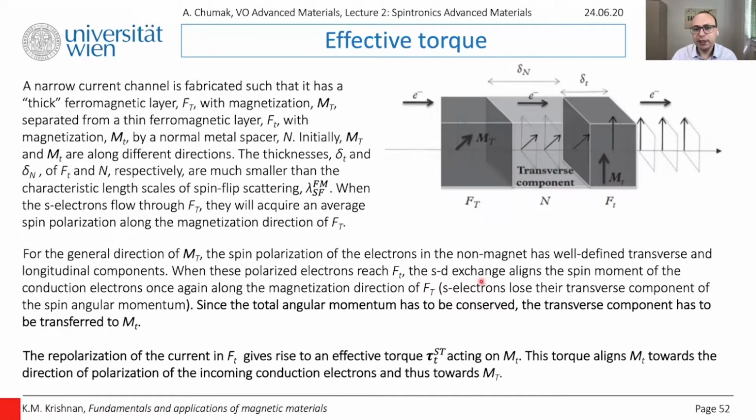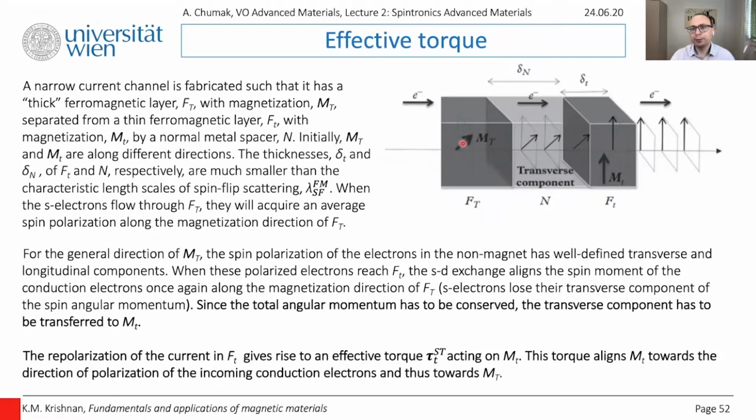Then principally the exchange interaction with this layer is trying to align the spin momentum of conducting electrons once again along the magnetization direction of Ft capital. So that's what is going on here, and since the total angular momentum has to be conserved, the transverse component has to be transferred to Mt.